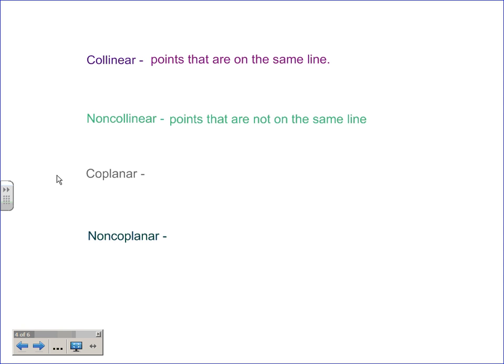Kind of matches up, but that has a root of line. So this has a root of plane. You think you can figure that out then? There you go. See, this isn't rocket science here. Just break down the words. Are you going to get some words with lots of syllables in them in here? Yes, you are. All right, you're just going to have to break it down. And I think we all probably have a pretty good idea what the next one is then. All right, yeah. And now some people struggle with that concept, though, and that's non-coplanar.